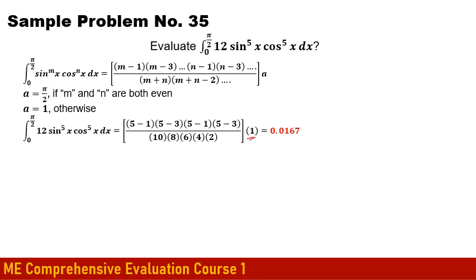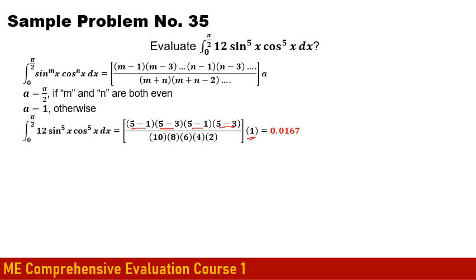For the value of m, we will deduct 1, so we'll have 5 minus 1. Then we multiply it with 5 minus 3. Same also with the other function, with the other power, which is 5. We'll also do that.